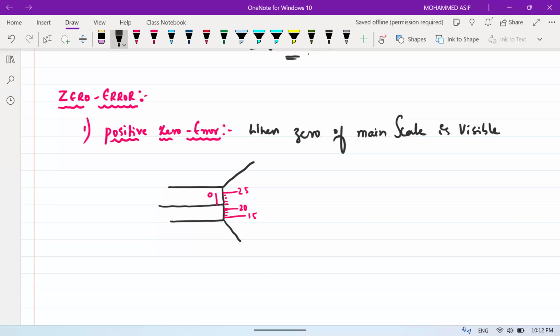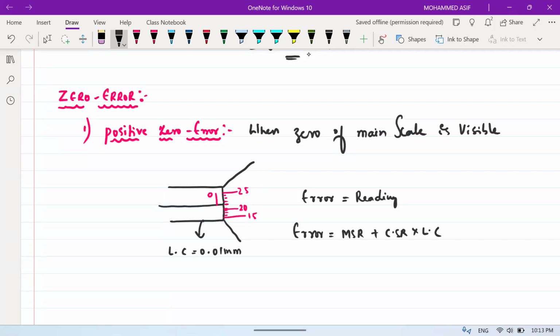Say for example, for this instrument, I am giving you least count equals 0.01 mm. Now what will be the error for this one, beta? Error is nothing but equal to reading only. I can write here error is equal to main scale reading plus circular scale reading multiplied by least count.